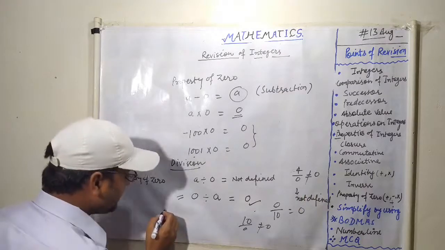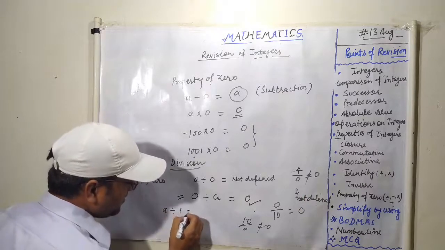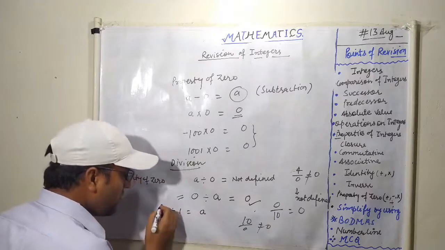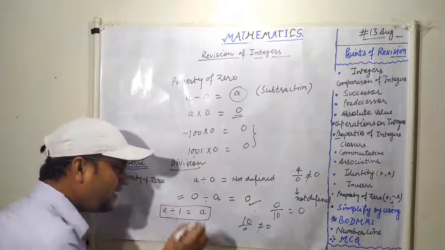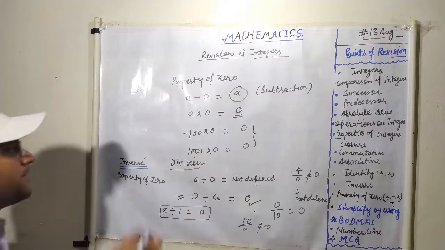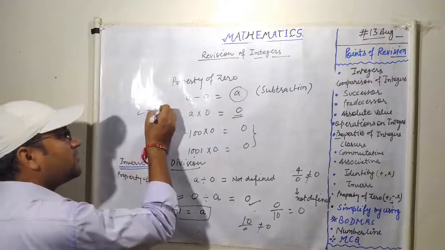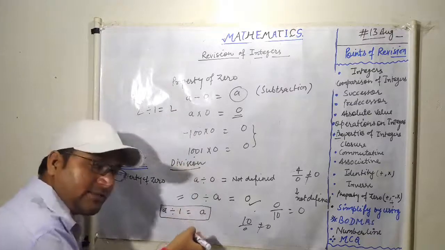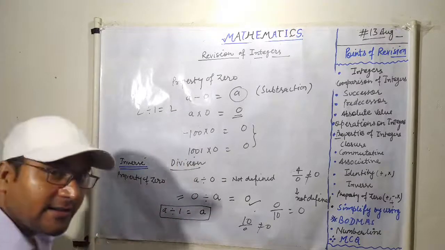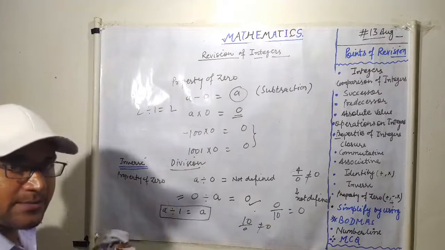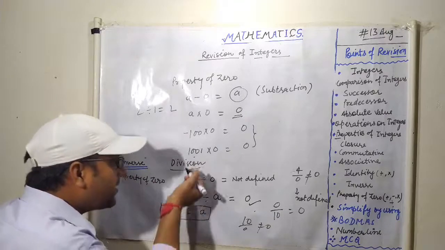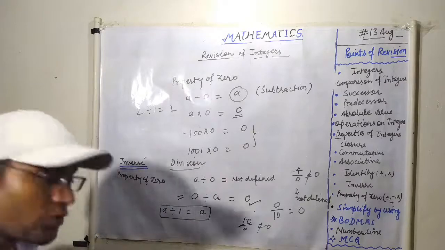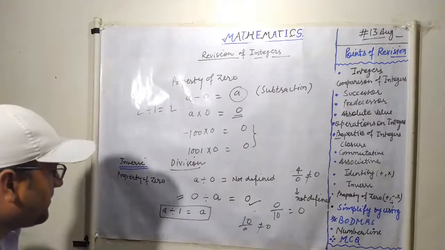And any integer, if you divide it by 1, in this case also you will get the same value. 2 divided by 1 gives 2. So 1 is called the identity for division, because by dividing by 1 there is no change in the given integer.